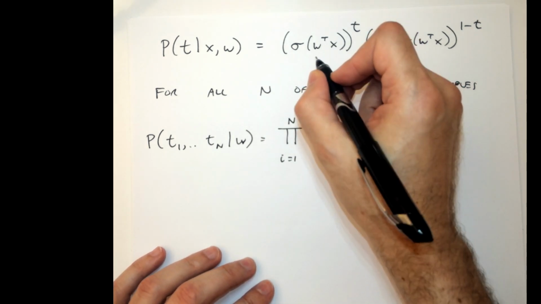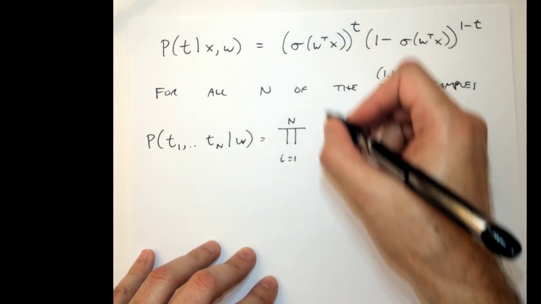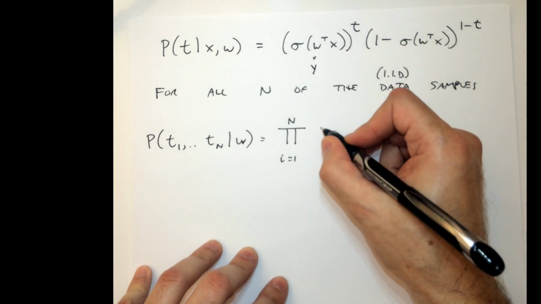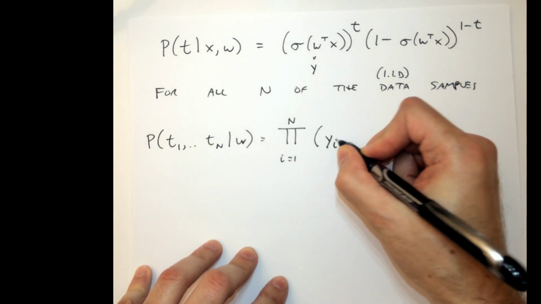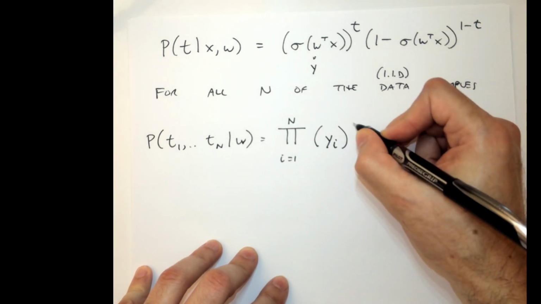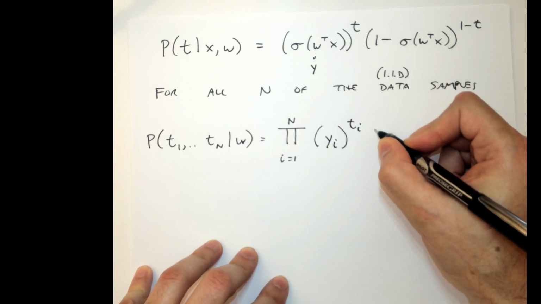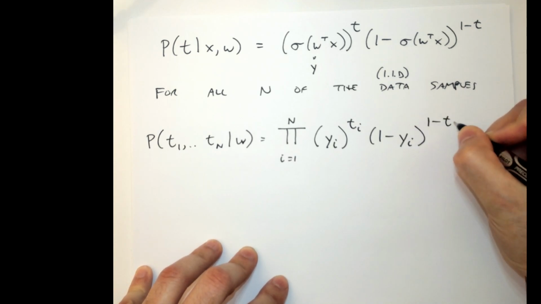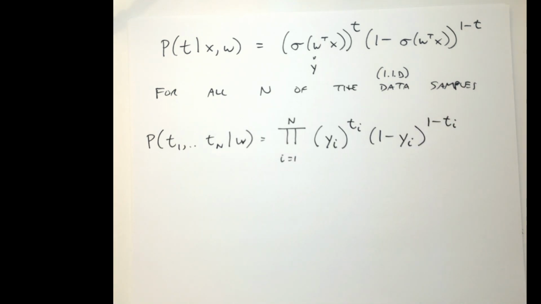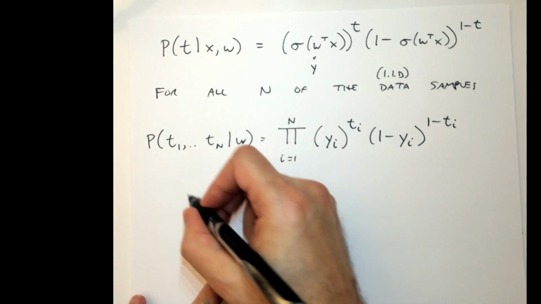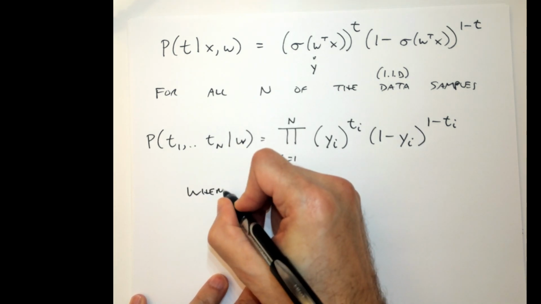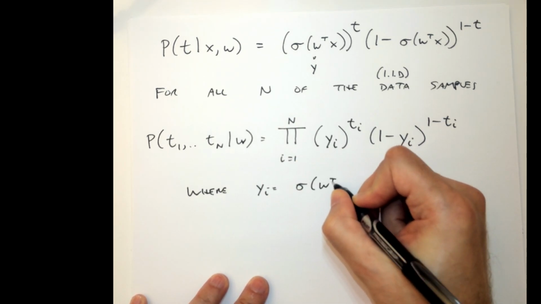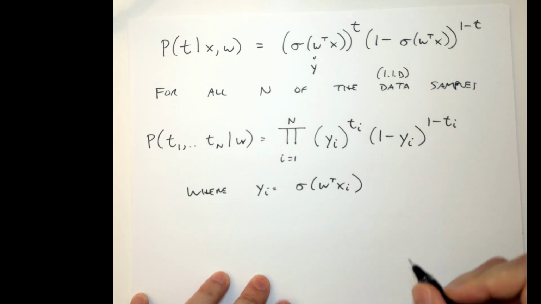And now I'm just going to abbreviate this. This thing in here is the same as y, right? This is like saying I have the model prediction to the ti power. Just a reminder, this is like saying that yi is sigma of W transpose xi.